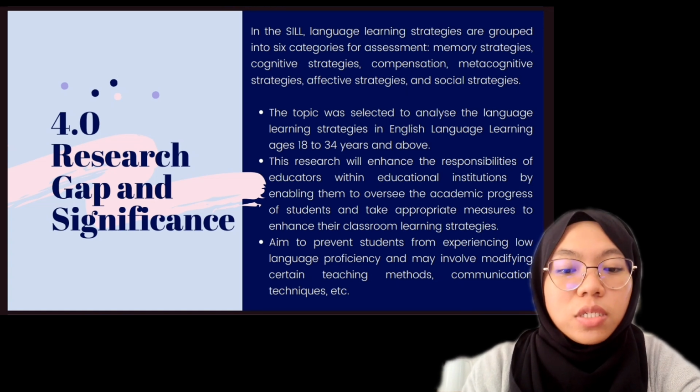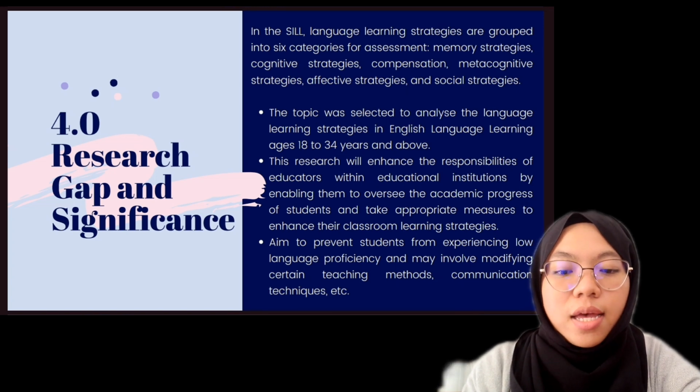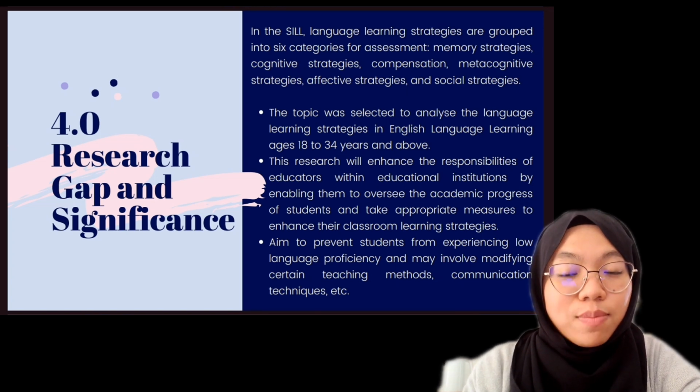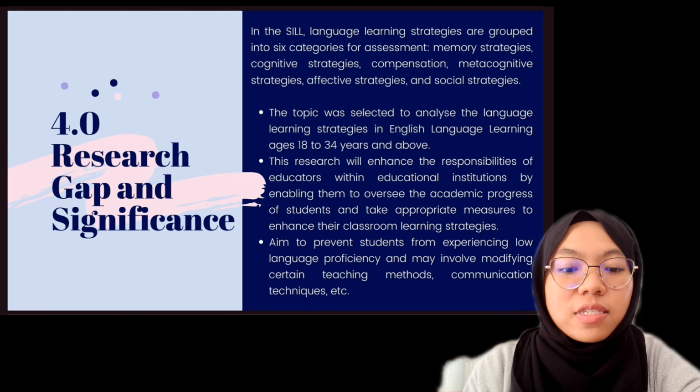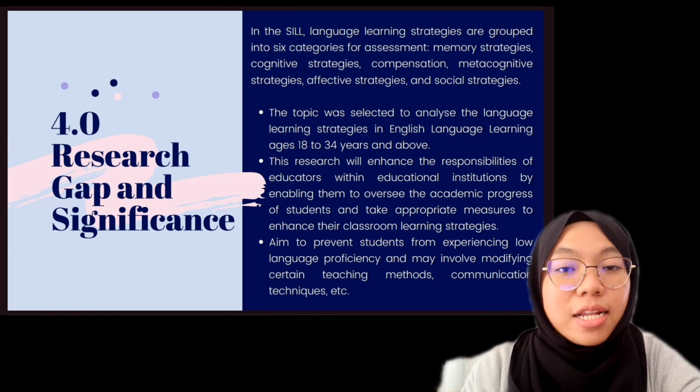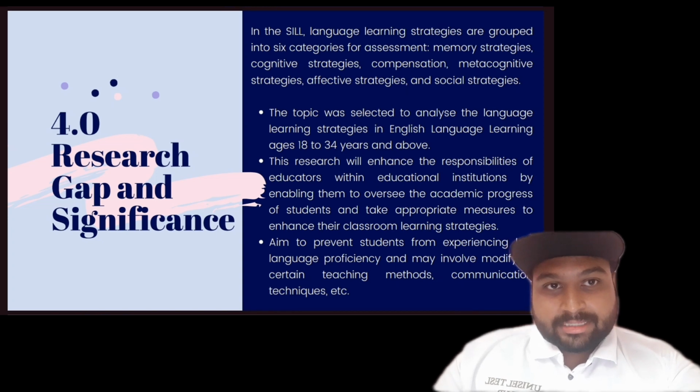This research will enhance the responsibilities of educators within educational institutions by enabling them to oversee the academic progress of students and take appropriate measures to enhance their classroom learning strategies. These interventions aim to prevent students from experiencing low language proficiency and may involve modifying certain teaching methods, communication techniques, etc.